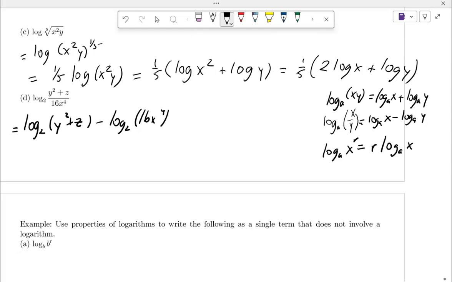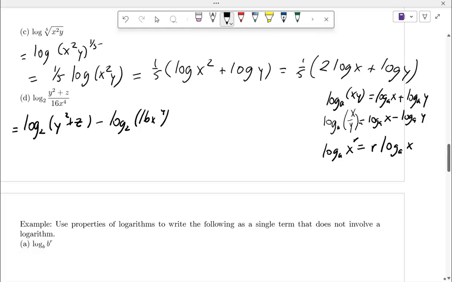Let's look at this first term first. Can I do anything with that first term? What's kind of the next operation that you see on the inside? Addition. Do we have any properties of logs that allow us to do anything with addition on the inside? No, that was one of the be careful ones, right?